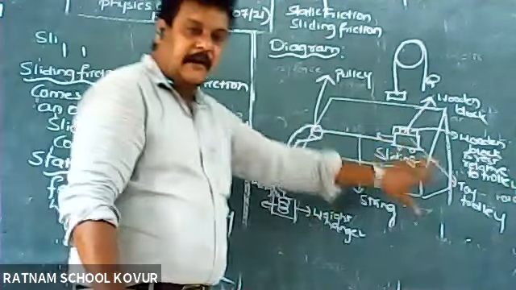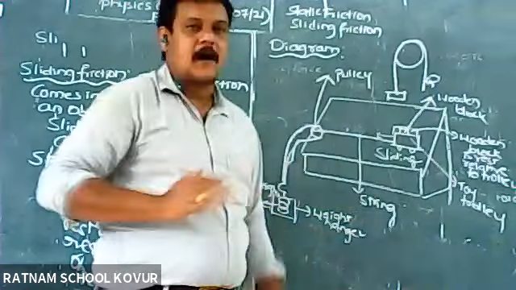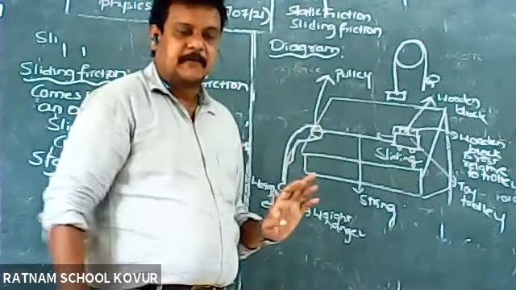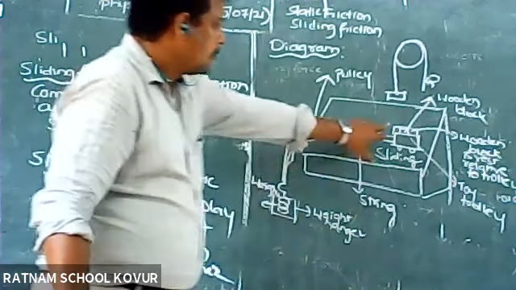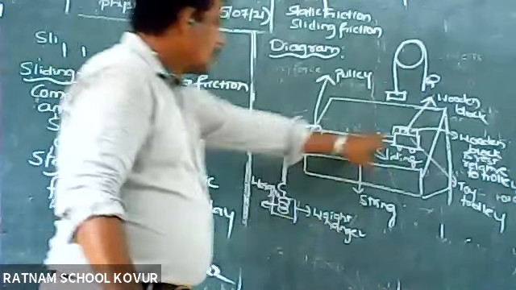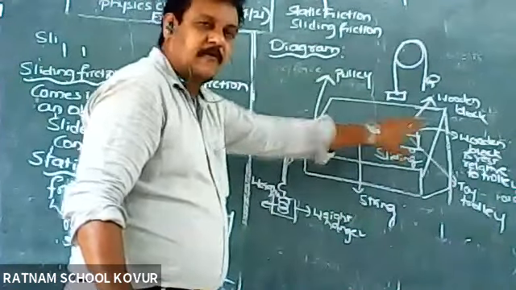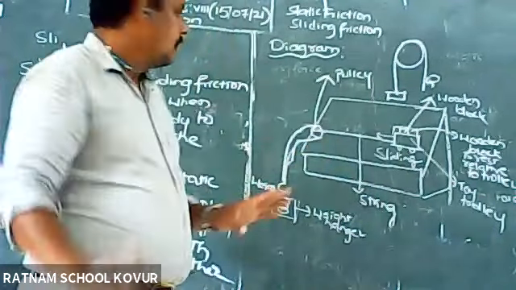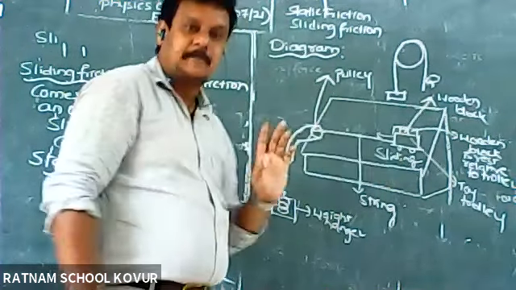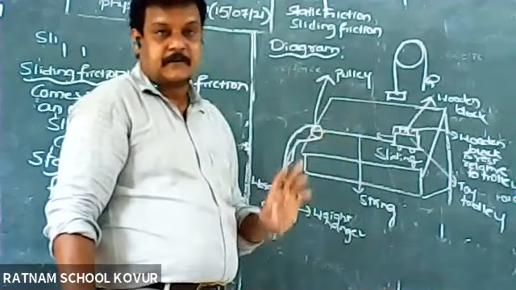When the trolley is about to slide or move, the friction developed is sliding friction. But you can see here, a wooden block is placed on the trolley. So if the trolley is moving, the wooden block is also moving. But with respect to this trolley, the wooden block is at rest. That is called static friction.